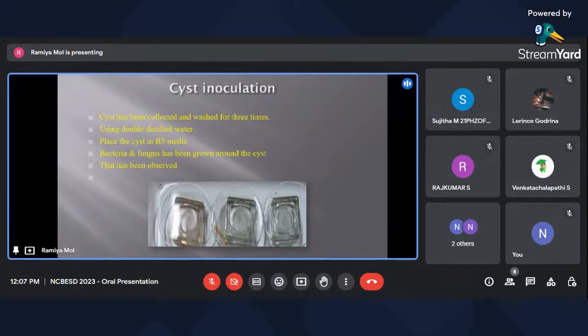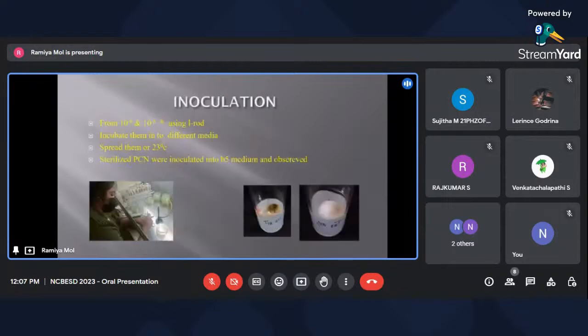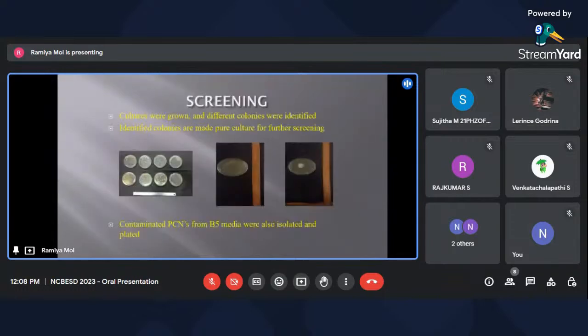The bacteria and fungus have grown around the cyst. The bacteria and fungus have been observed, and then further inoculated onto nutrient agar and potato dextrose agar to get pure culture. After that, different colonies of bacteria and fungus have been observed.